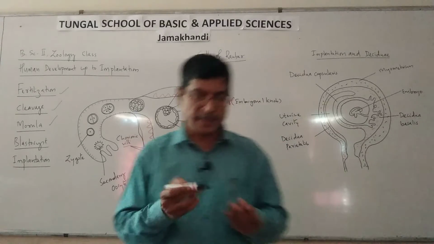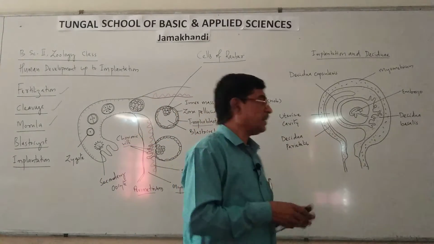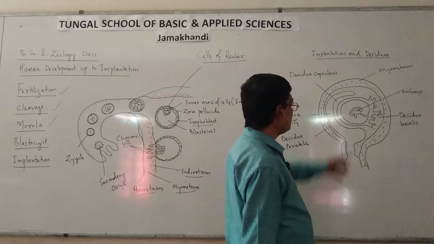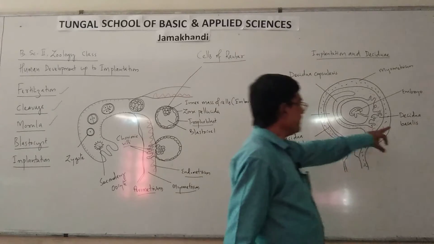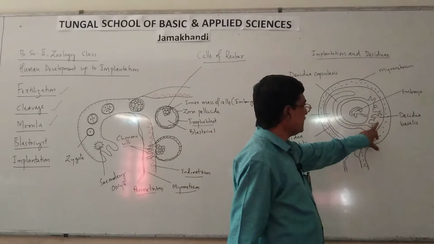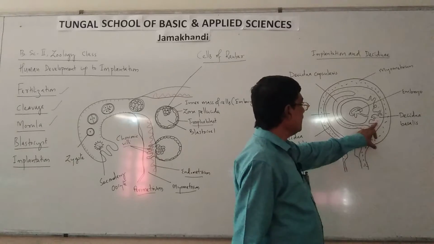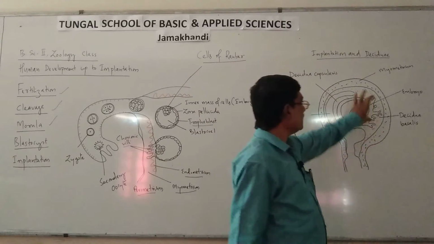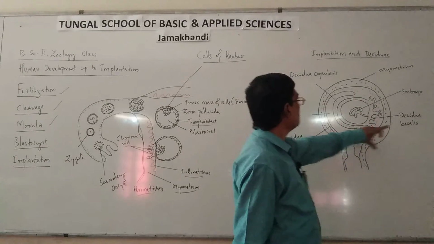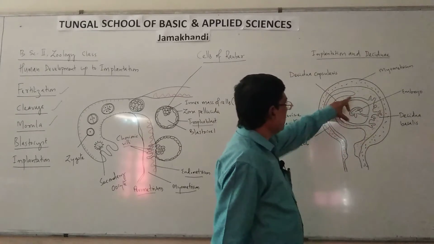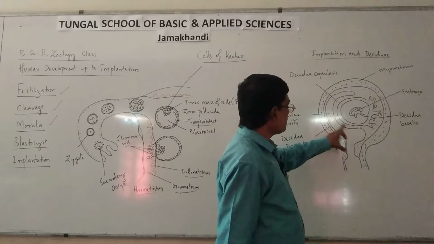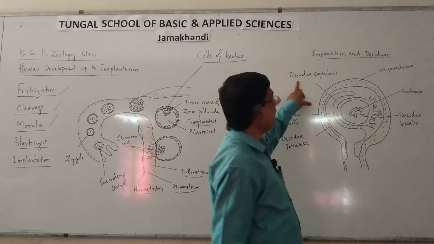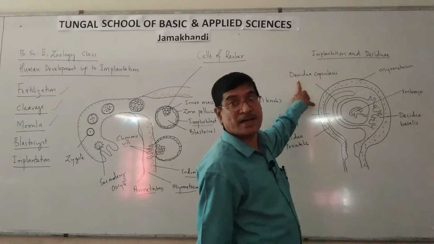Now the decidua is differentiated into three types. Decidua basalis is the part of the endometrium where the embryo is attached. Then the decidua or endometrium present around the embryo is known as decidua capsularis.